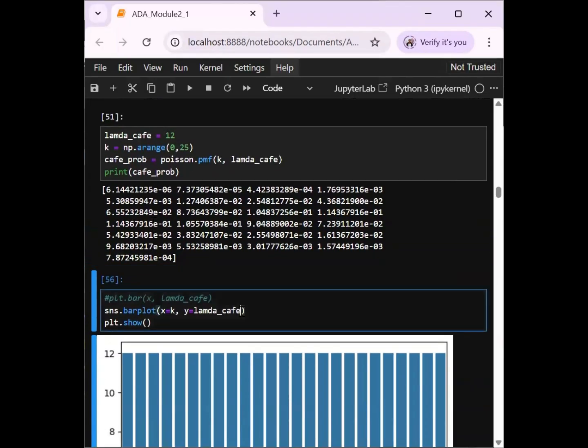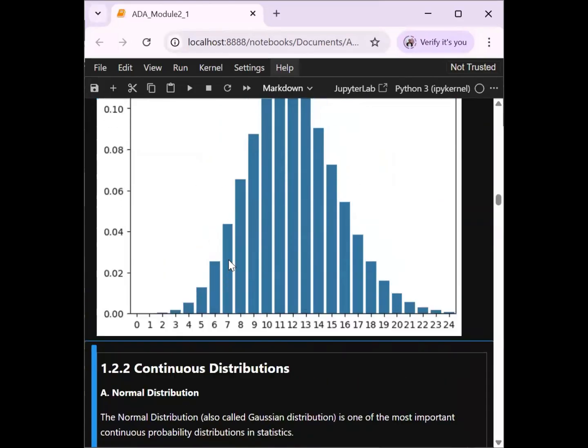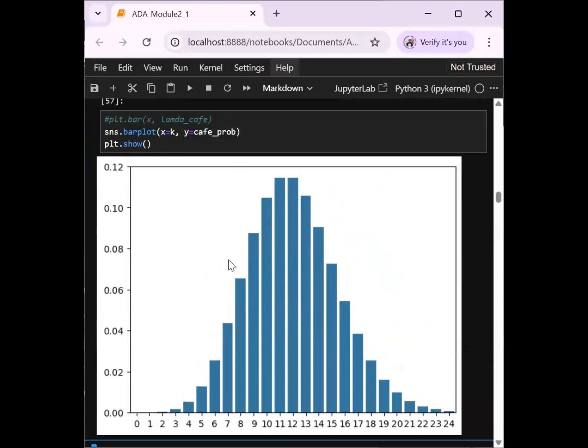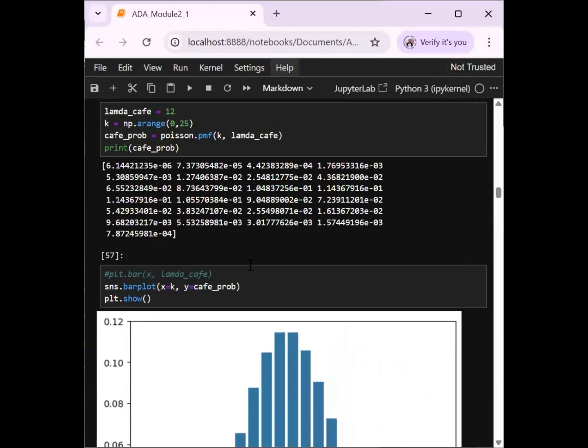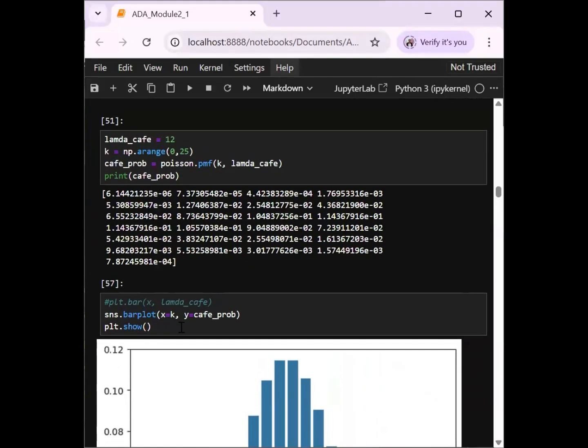Oh, I'm using lambda. I was supposed to use cafe. We are supposed to use the probability. Because lambda is 12, I'm just plotting 12, 12, 12 everywhere. Did you guys get that? That means you weren't paying attention. We're supposed to plot the number of outcomes with their individual probability.